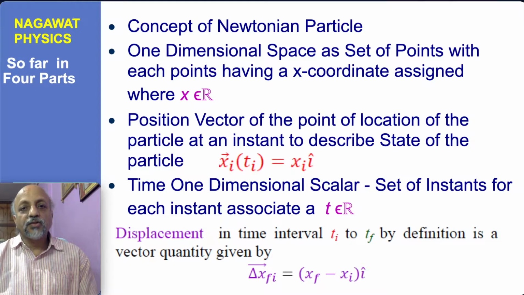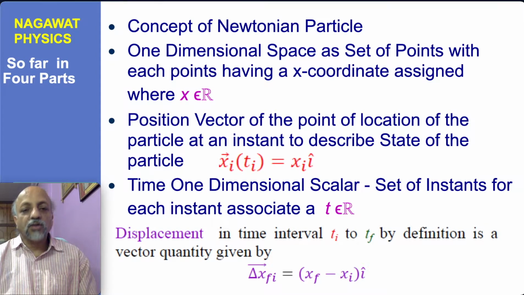At a particular instant, the particle is located at a point which has a specific position vector. Time will be taken as a scalar quantity, and again to each instant of time a t coordinate will be assigned where t belongs to the set of real numbers.